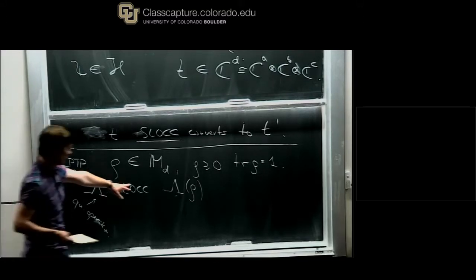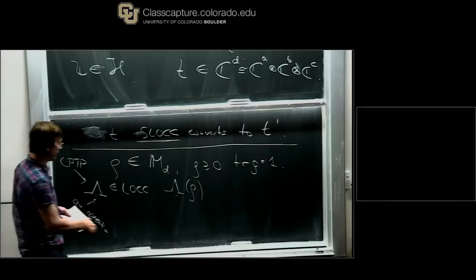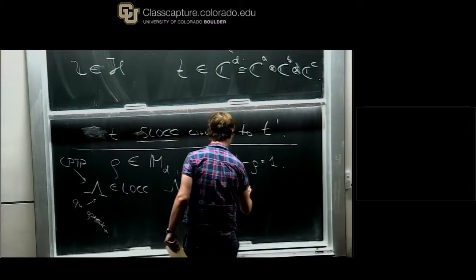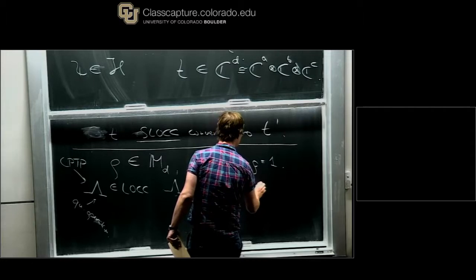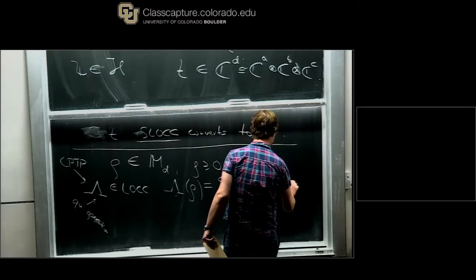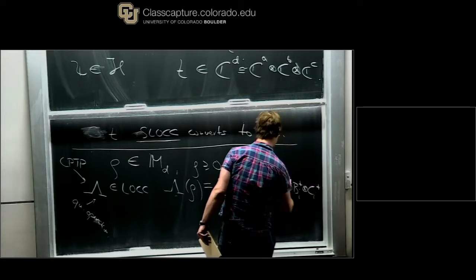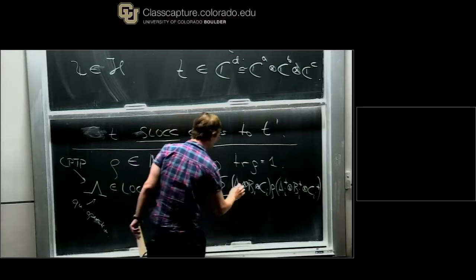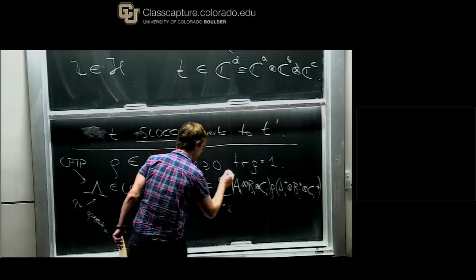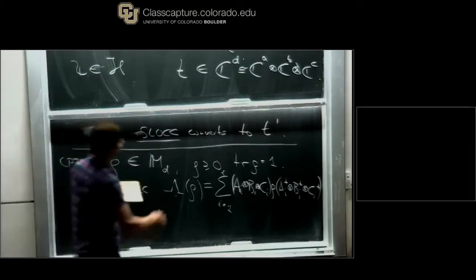Now, if lambda is an LOCC, then lambda actually has a very particular form. This is not an if and only if, but it can be written in the following form: A_i tensor B_i tensor C_i applied on rho, and then A_i dagger tensor B_i dagger tensor C_i dagger, where these are just arbitrary linear maps, from 1 up to some L. We call an operator of such a form separable.